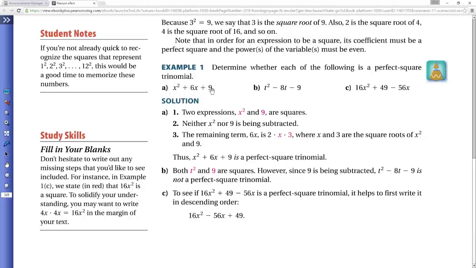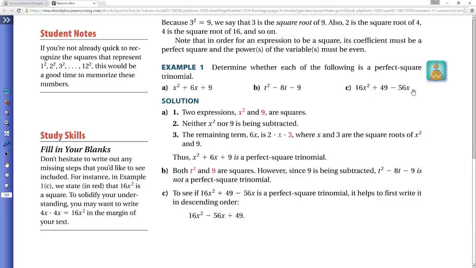Yeah, these two things are, so I've met my first condition. If this was minus 9, that wouldn't be something, right? Like this one right here, I know right away is not a perfect square trinomial because I can't square something and get negative 9.